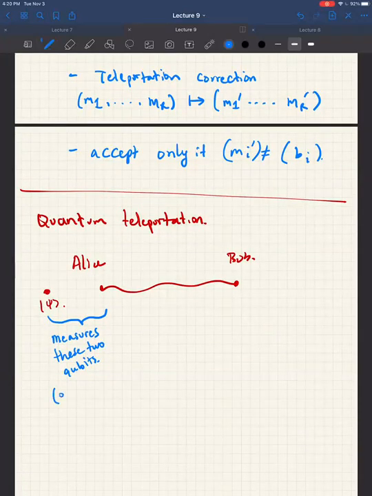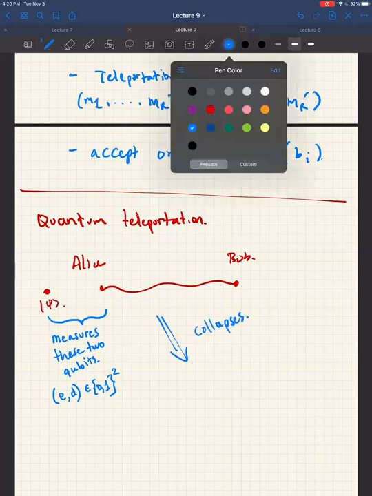These will be 2 bits, let's call them E and D. After she's measured, the state of the system collapses into the following.